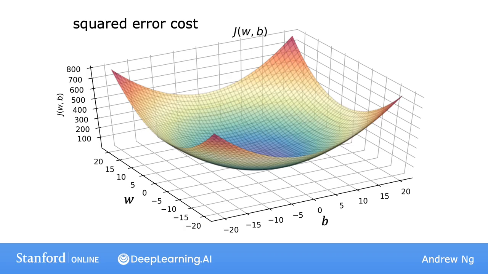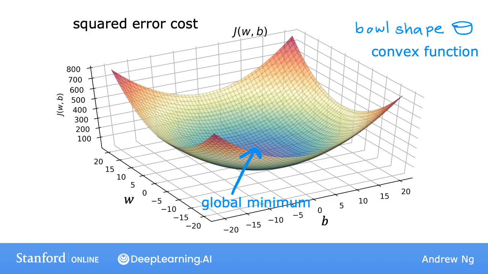But it turns out when you're using a squared error cost function with linear regression, the cost function does not and will never have multiple local minima. It has a single global minimum because of this bowl shape. The technical term for this is that this cost function is a convex function.